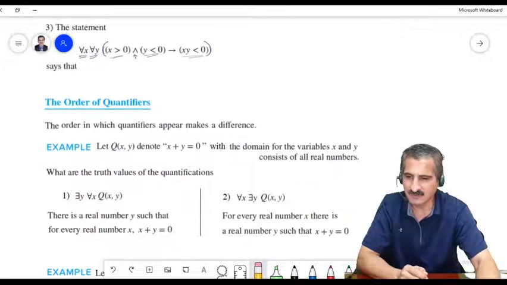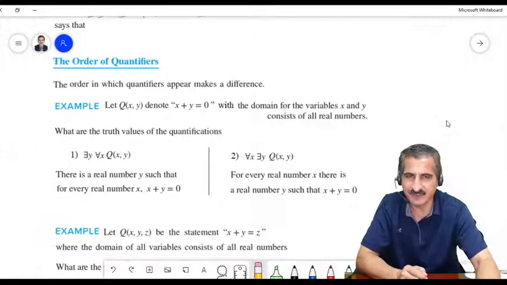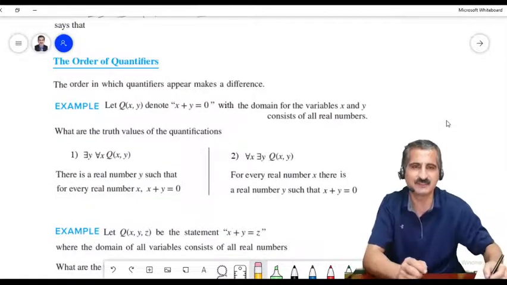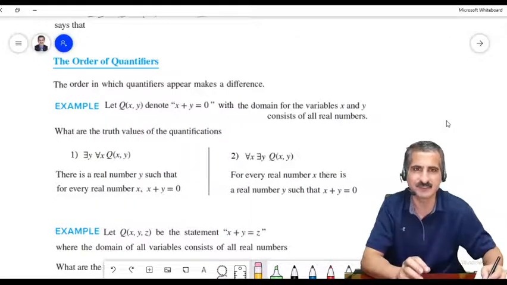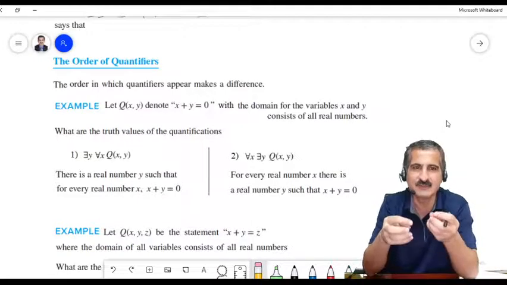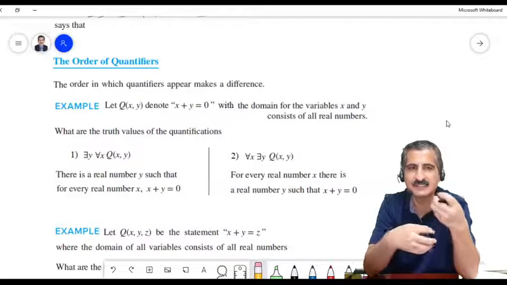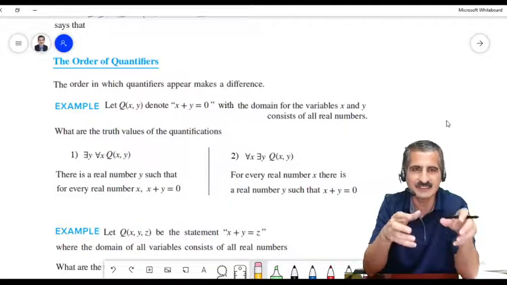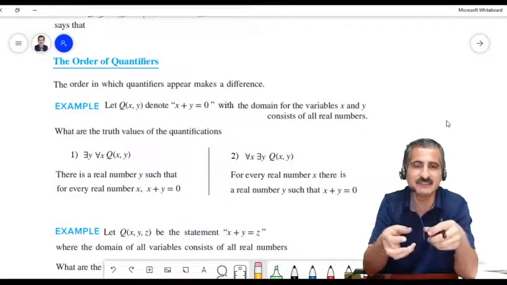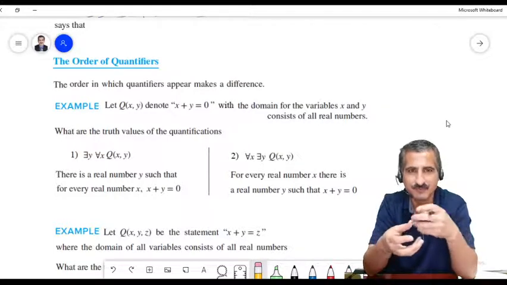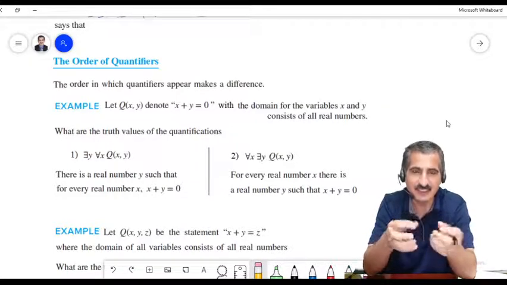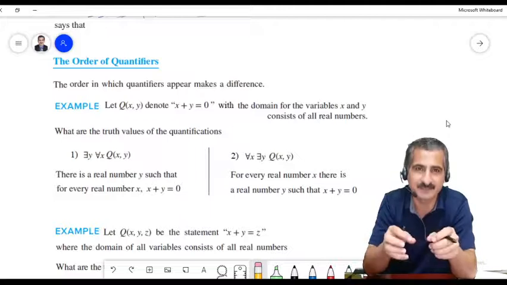Now the order of quantifiers, sometimes it is important. What do I mean by sometimes? When we have nested quantifiers, universal and existential, for every and there exists, if the nested quantifiers contain both kinds, then the order matters.